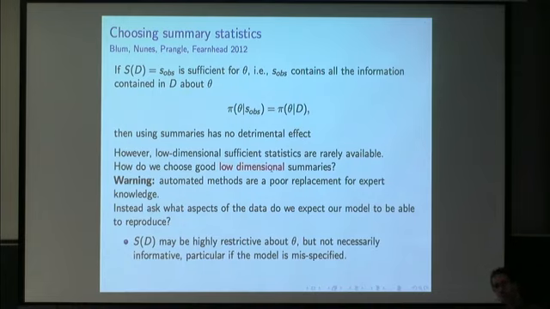Which summaries cause my prior to change the most? So you look at the posteriors from different choices of the summaries and try and find the summaries that cause the prior to change in the largest way. And that's fine if you're not in a misspecified situation, but as soon as your model's incorrect in some way, it can be very misleading. You can find that some summaries may well be restrictive, but are not necessarily informative about the parameter in a meaningful way.